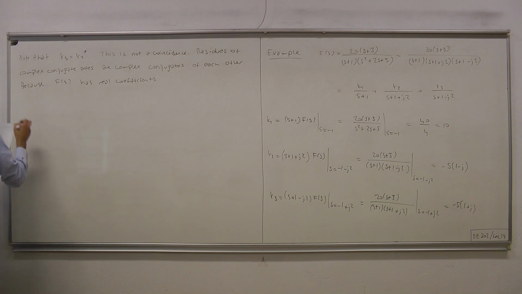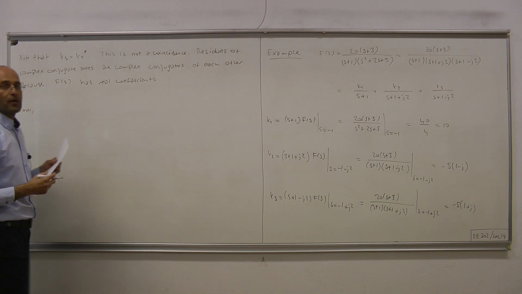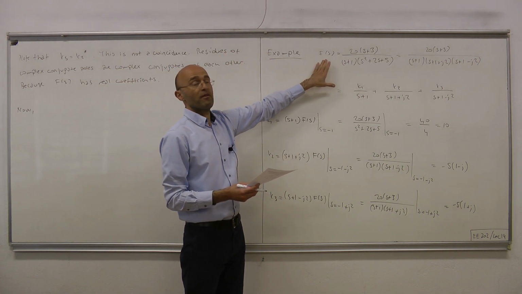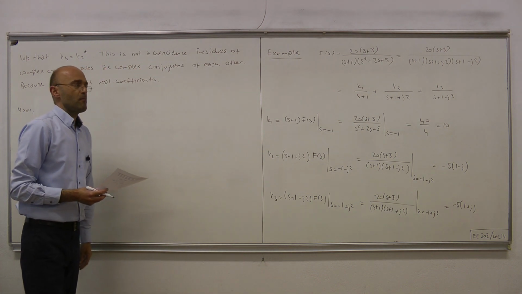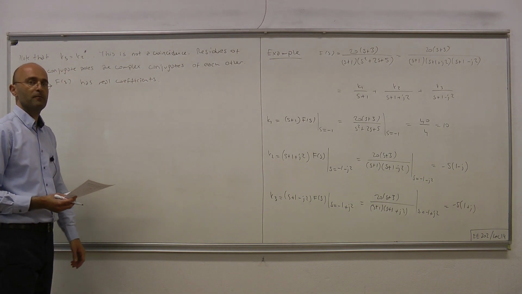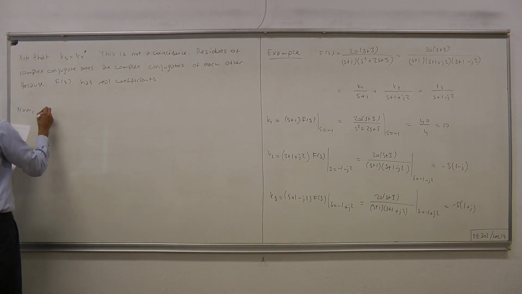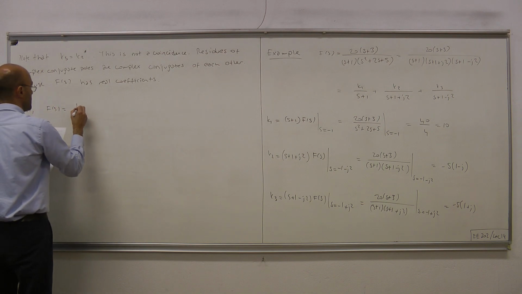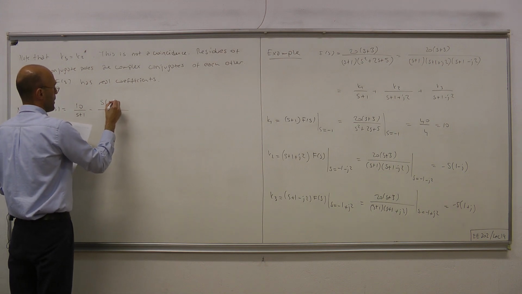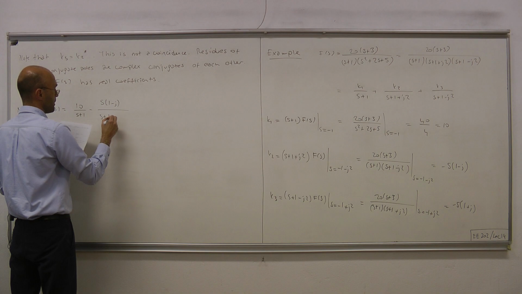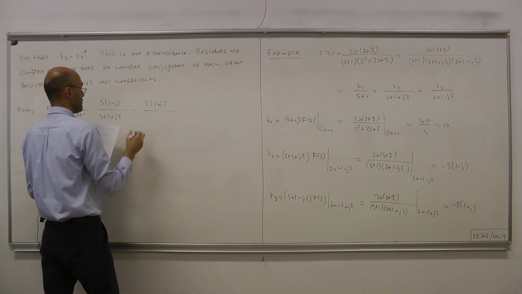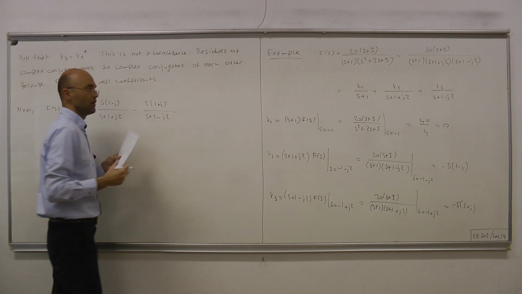Okay, now we're ready to write down f of t, because we now have the expression of F of s in terms of a sum of first order terms, and first order terms are very easy, straightforward to deal with. F of s equals 10 over s plus 1, minus (1 minus j) over s plus 1 plus j2, minus (1 plus j) over s plus 1 minus j2.